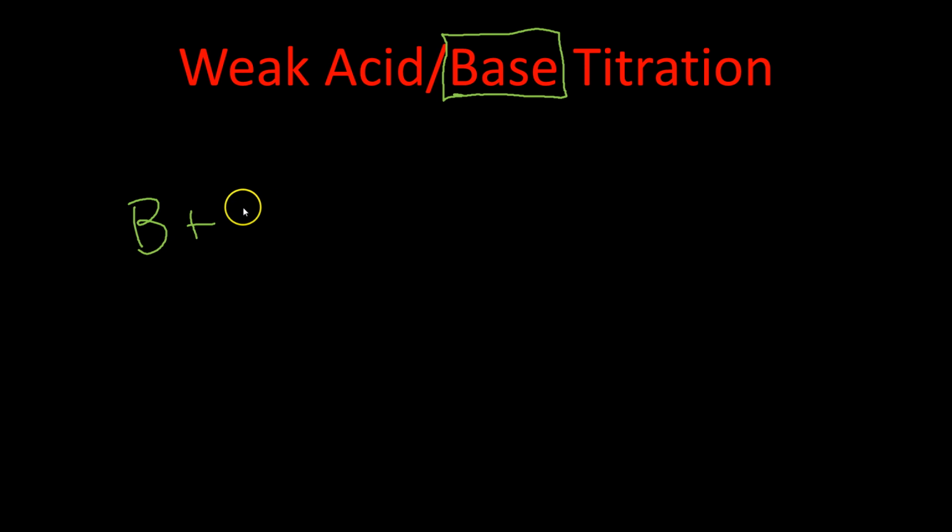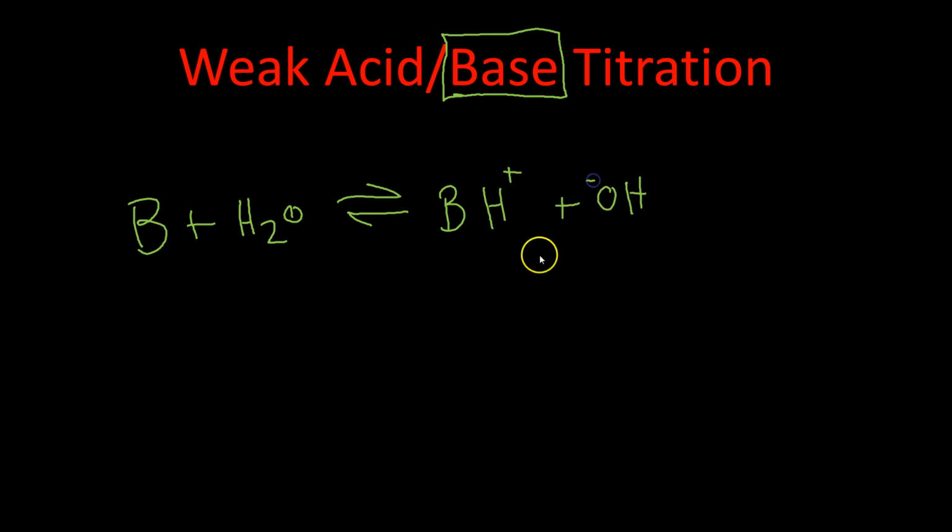B, in this case a weak base, as you recall, is something that reacts with water through an equilibrium process, becomes protonated, and produces hydroxide. This is described by the equilibrium constant Kb.